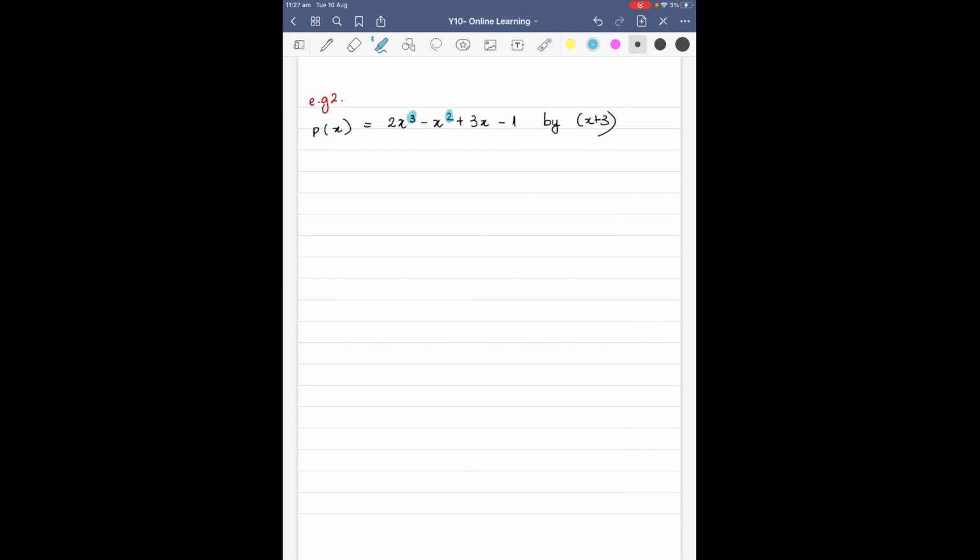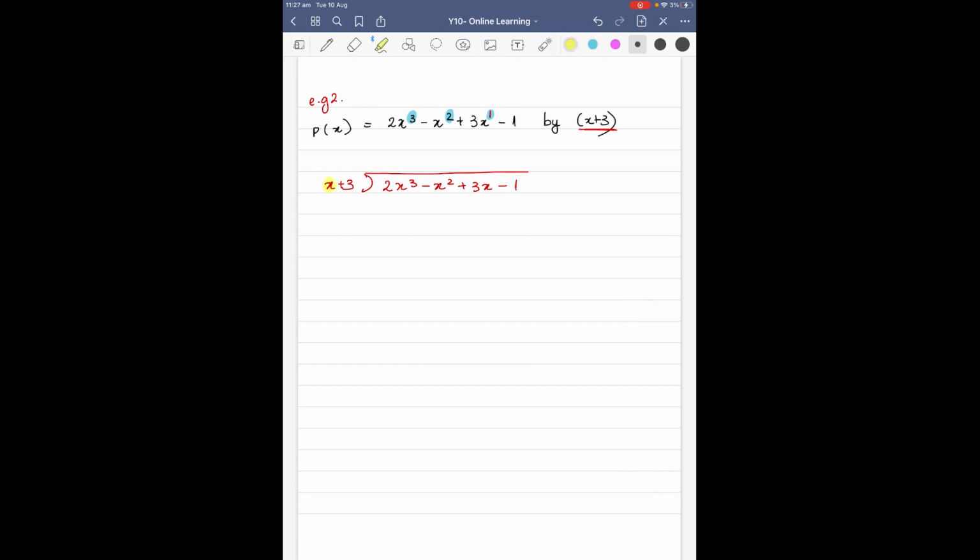So we have a power of 3, power of 2, power of 1, and we know it is all descending, all the powers are there, so we don't have to add anything in. So let's get dividing. So your P(x) goes in here. Your divisor is outside. Okay.